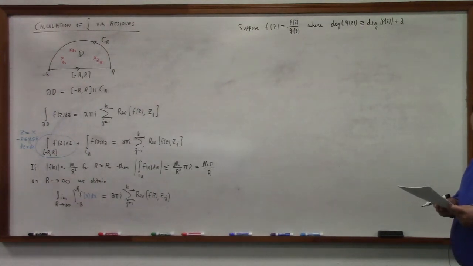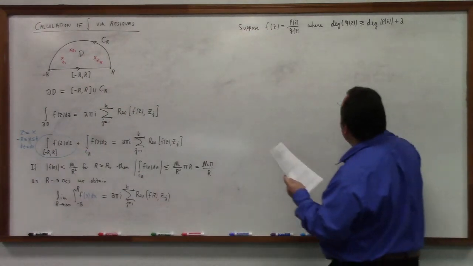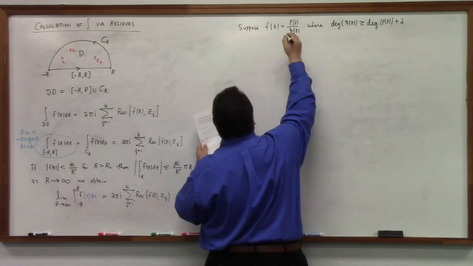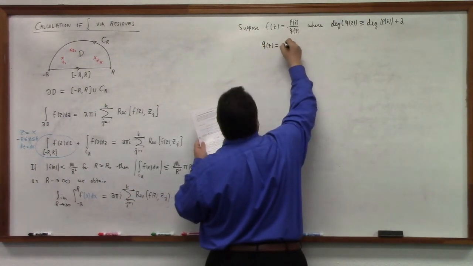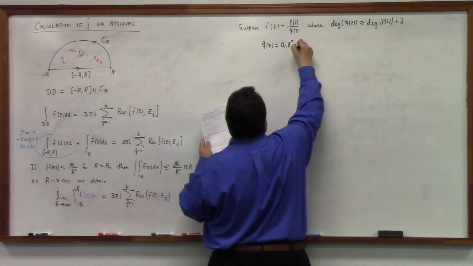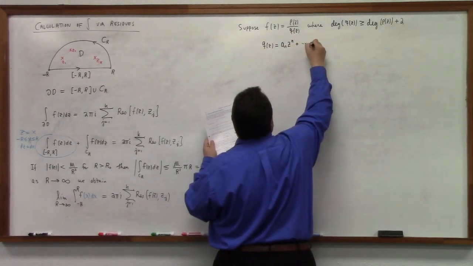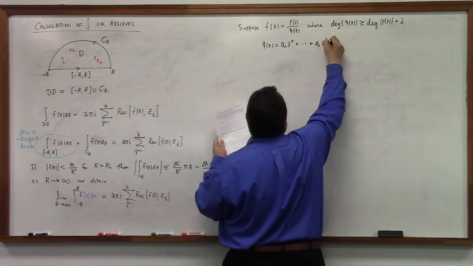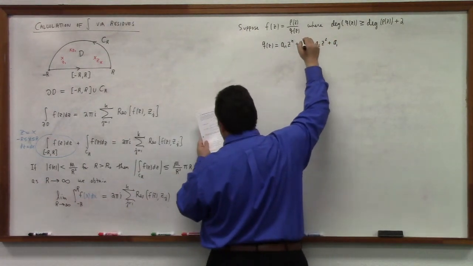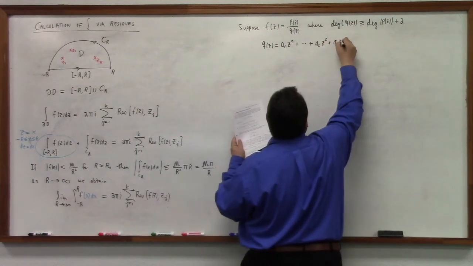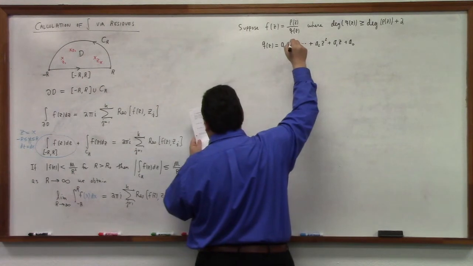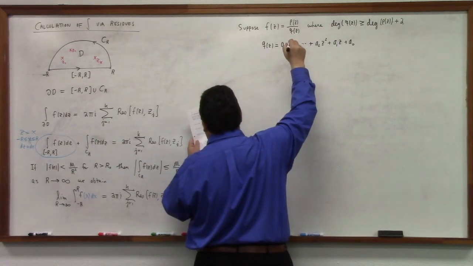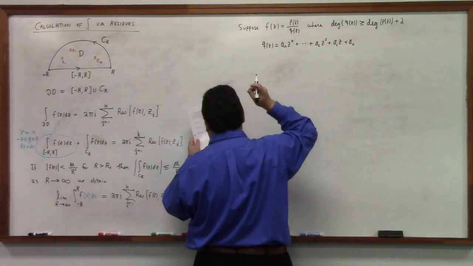It's a little fussy. So let me suppose here q of z equals a_n z to the n plus ... plus a_2 z squared plus a_1 z plus a_naught.